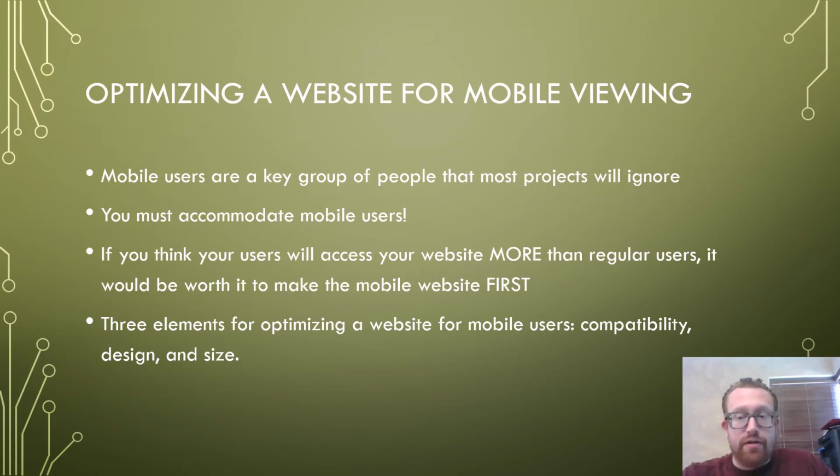But some of the smaller companies and other pages, not so much. They're either not in a position to do so, or they haven't made the jump to mobile design, or they just don't care. You've got to accommodate your mobile users, okay?